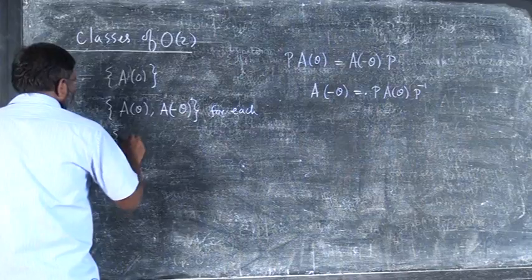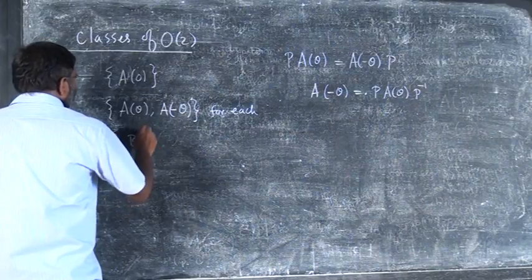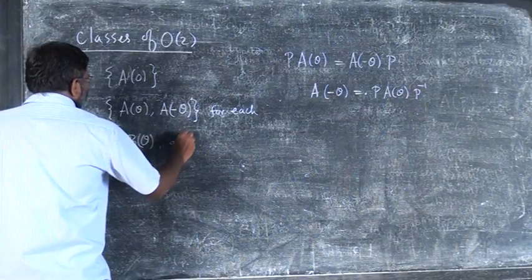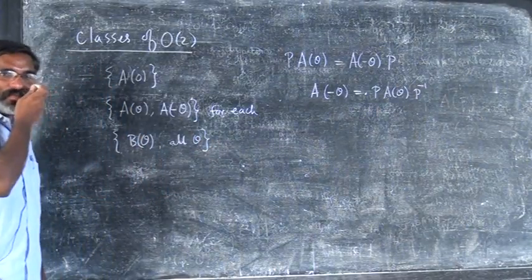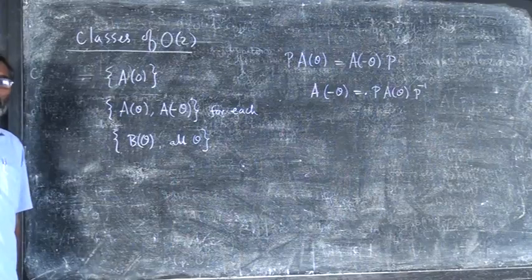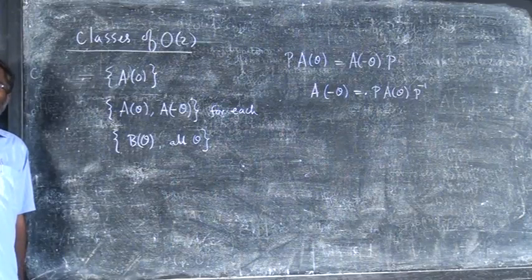Then we have B of theta for all theta is another class, because you can show that every B of theta is conjugate to every other B of theta. How do you show?